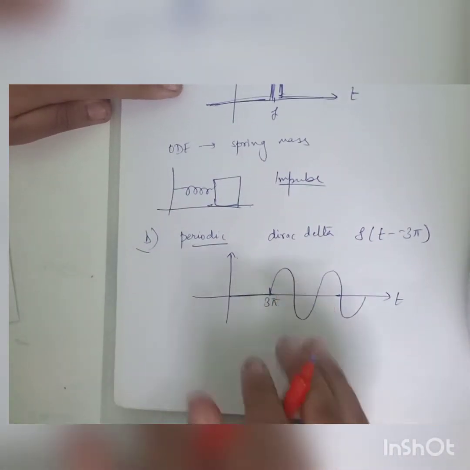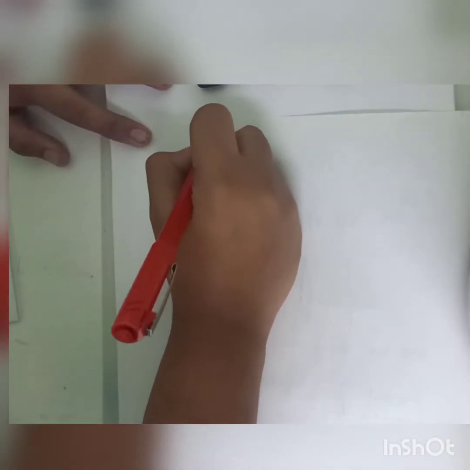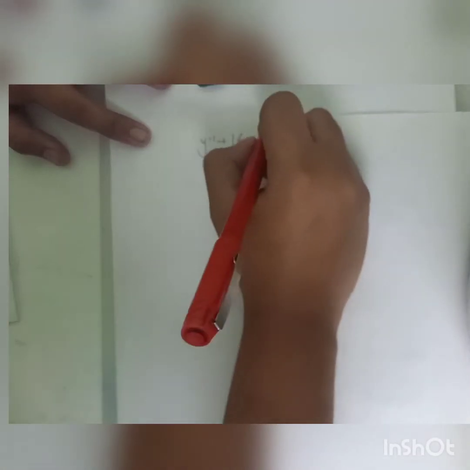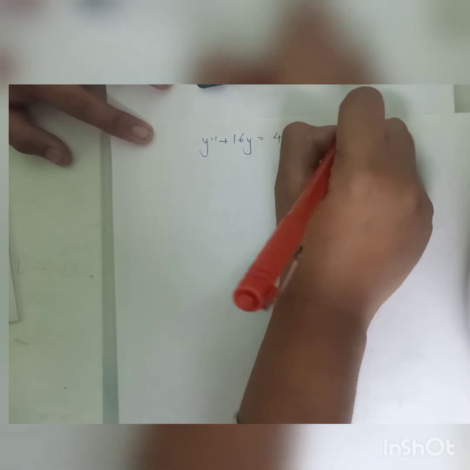How can we solve this? The equation we have with us is y double dash plus 16y is equal to 4 delta t minus 3 pi.